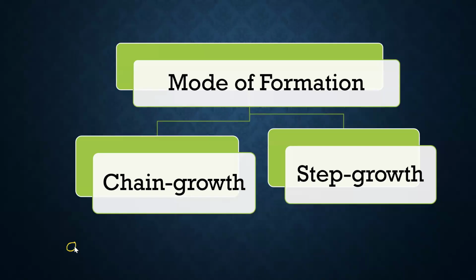This is a monomer. The chain growth is a reaction mechanism where after the addition of each monomer, there is an active site to attract one more monomer. And in that way, the chain will become larger. So it's called chain growth addition polymerization.